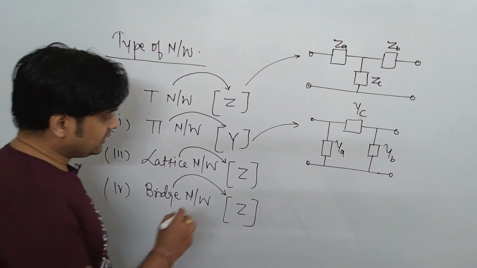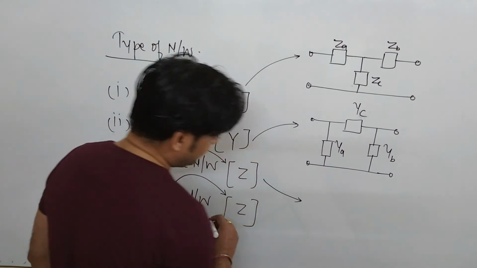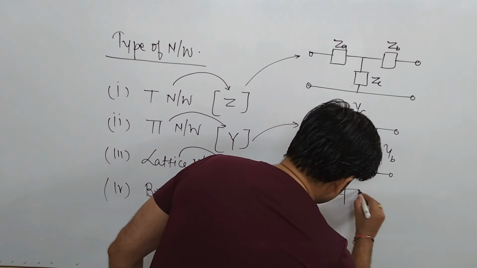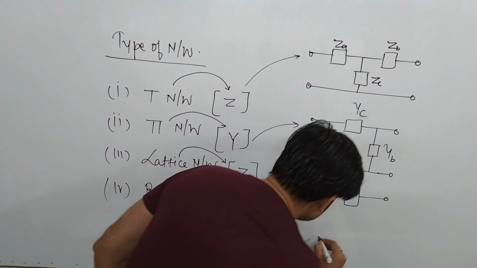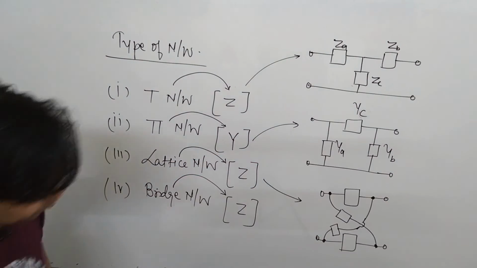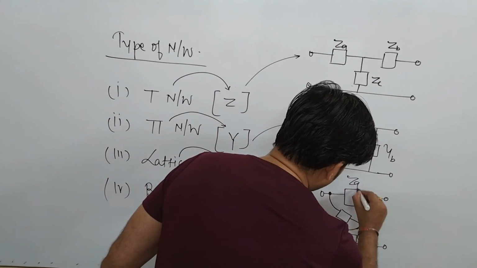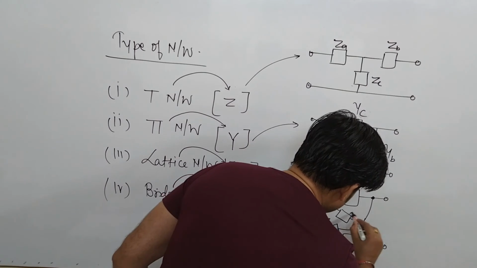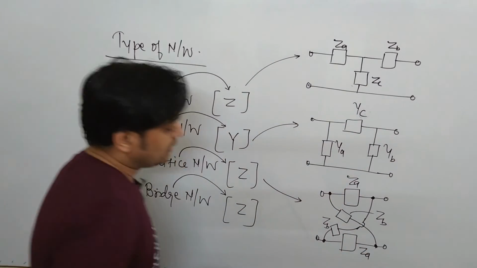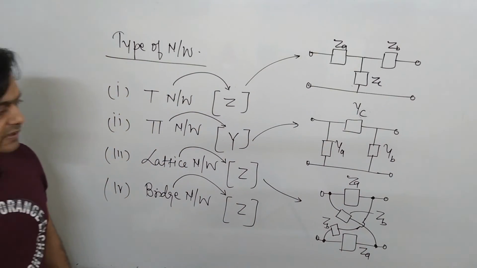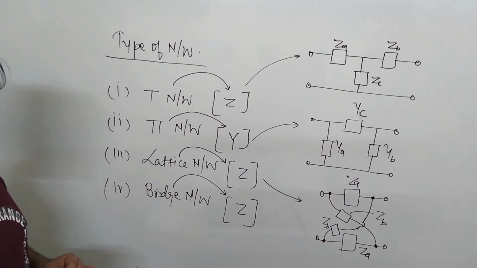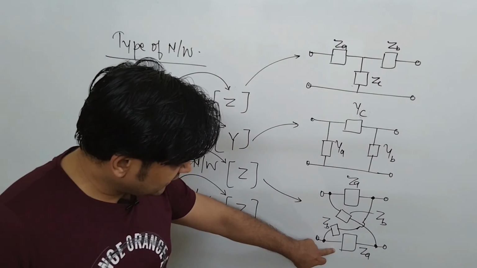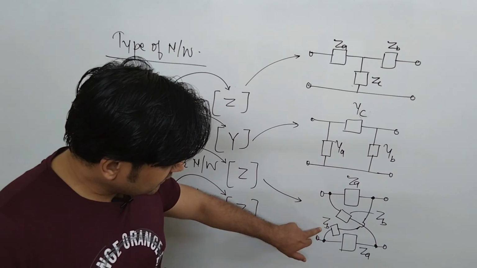Very important is your lattice network. If you talk about the lattice network, it is something in this form. This is referred to as ZA, this is referred to as ZB. So this type of network is referred to as a lattice network. These two impedances are the same, the value is ZA, and these two impedances are ZB.